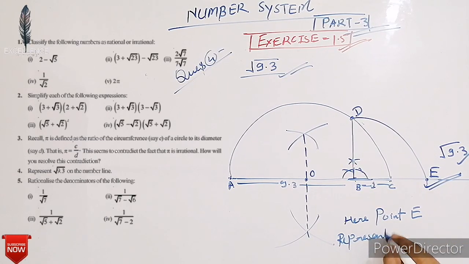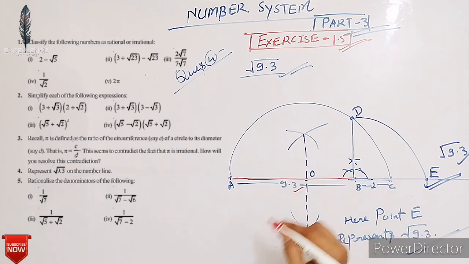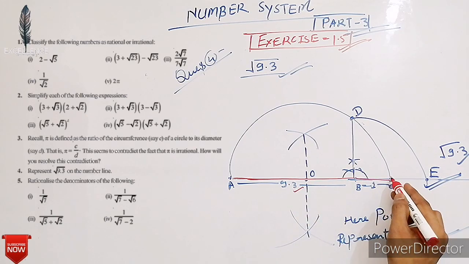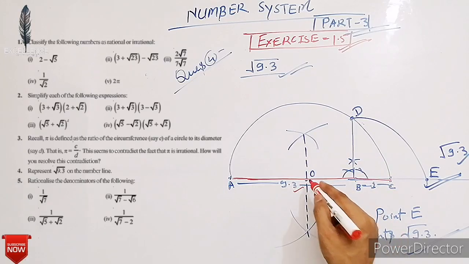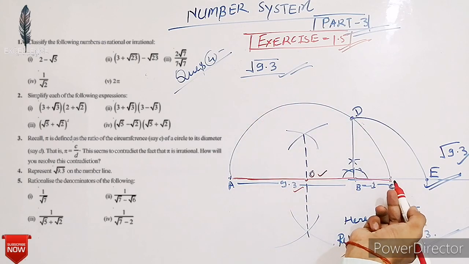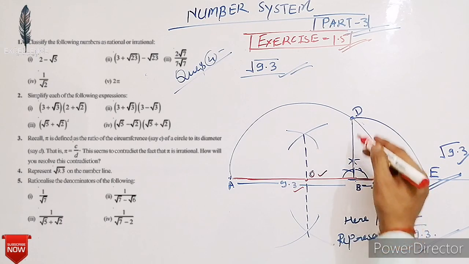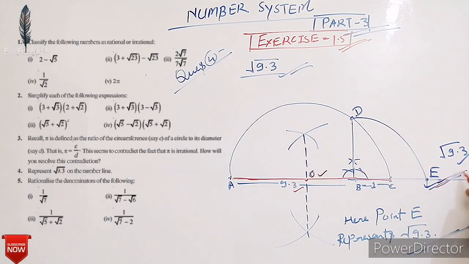Again, understand: first we draw a line AB equal to 9.3, then extend this line to C where BC is equal to 1 and find the midpoint of AC at O. Draw a semicircle with center O. Draw a perpendicular at point B that intersects the semicircle at D. Now we draw an arc with center B and radius BD which intersects the number line at E. Okay students, clear?